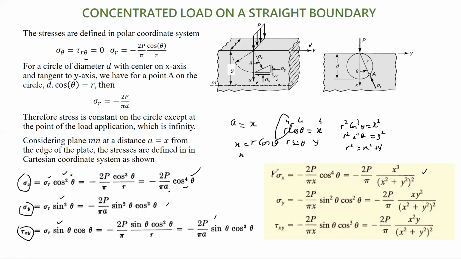Eventually, these three equations give you sigma x, sigma y, tau xy in terms of the Cartesian coordinate system x and y. In particular, I am interested to see the stress at the depth a. So when x is equal to a, we want to see what would be the sigma x when x is equal to a. We can put it into that equation.